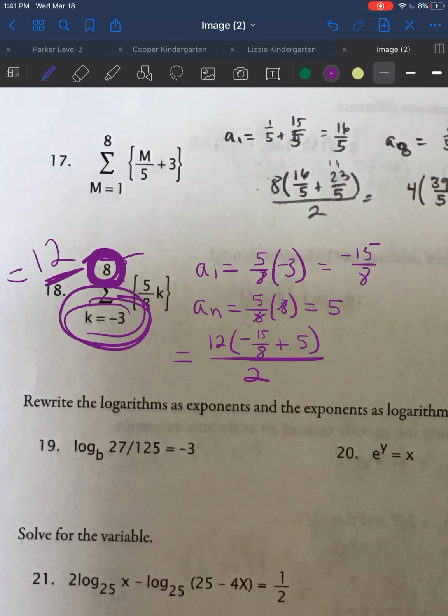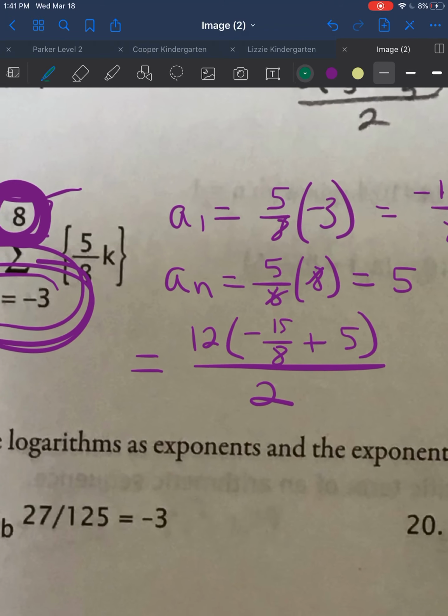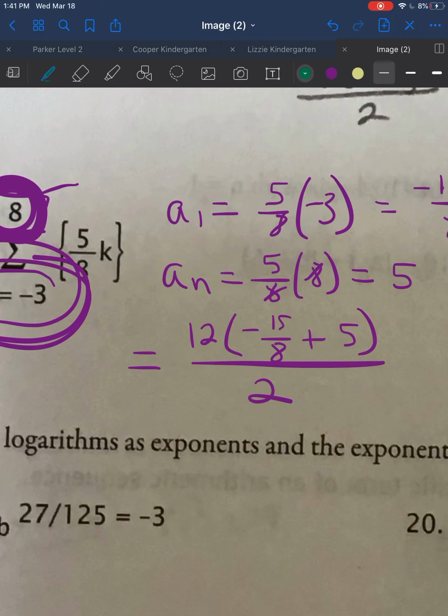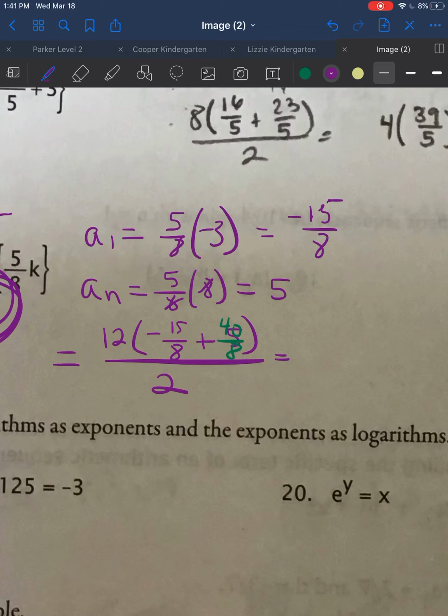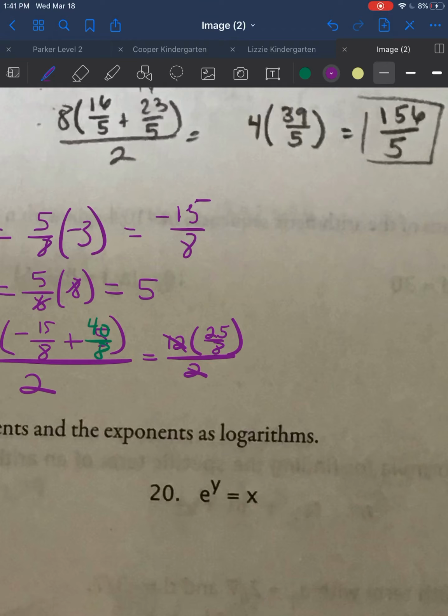We're going to divide that by 2. In order to get our fractions nice and happy here, I'll zoom us in a little bit. We can change 5 into 40/8. If we make a common denominator, now we're going to simplify some things down. We've got 12 times -15 plus 40, which would be 25/8 over 2. 12 times 2 reduces to 6.